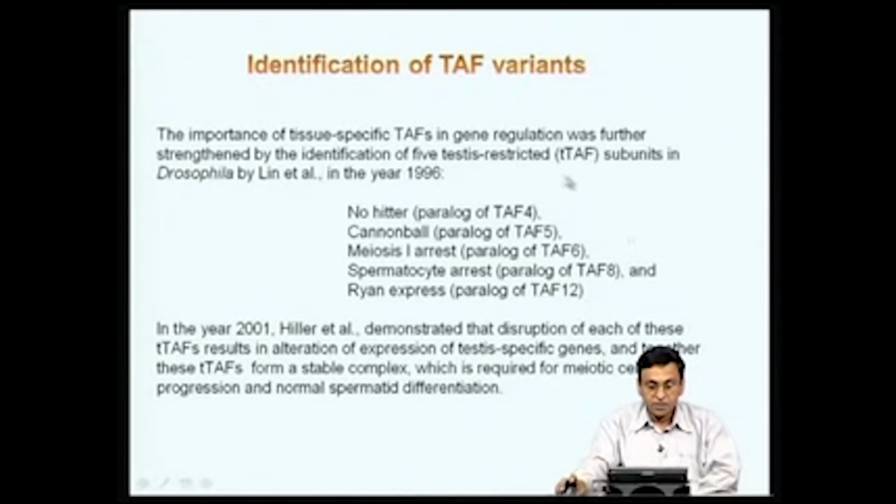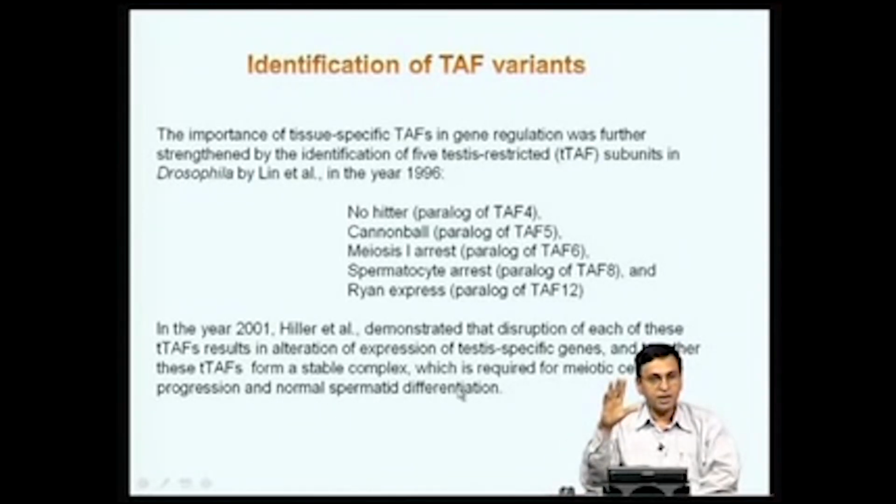So, variants of these TAFs were actually identified and all of them seem to be expressed in testis, indicating that these paralogs of TAFs actually have a specific function in the testis. So, in the year 2001, Hiller et al. actually demonstrated that disruption of each of these T-TAFs results in alteration of expression of tissue specific, testis specific genes, and together these TAFs actually form a stable complex required for meiotic cell cycle progression and normal spermatid differentiation.